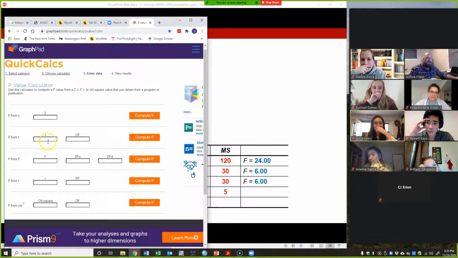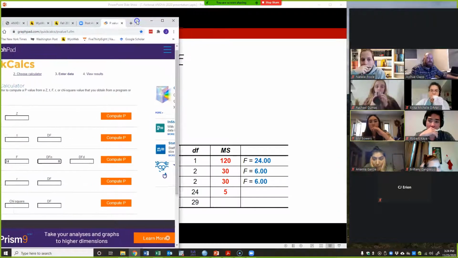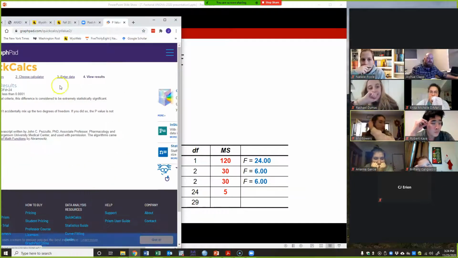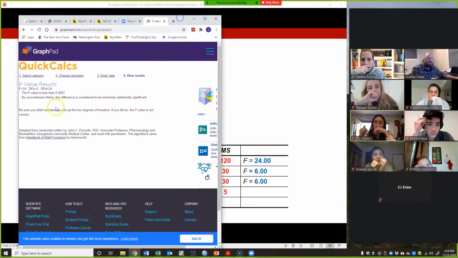So I've got an F test with 2 degrees of freedom in the numerator and, excuse me, 24 degrees of freedom for error. That's a massively small p-value.